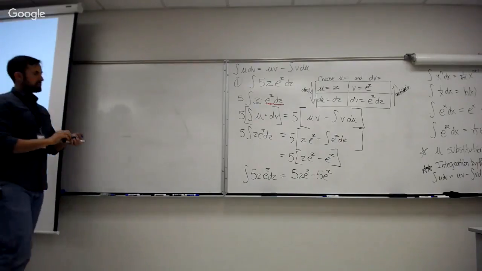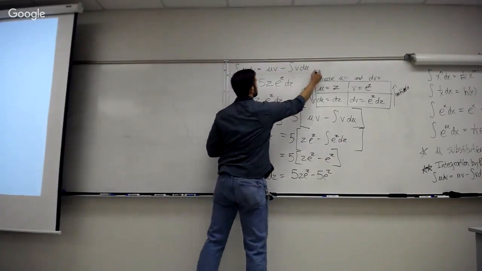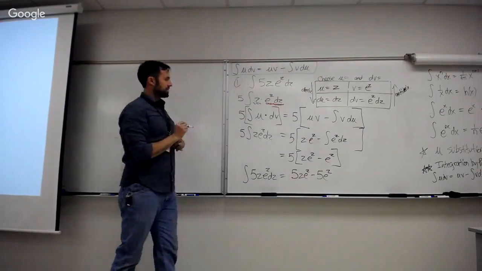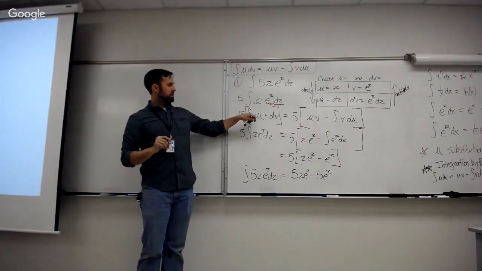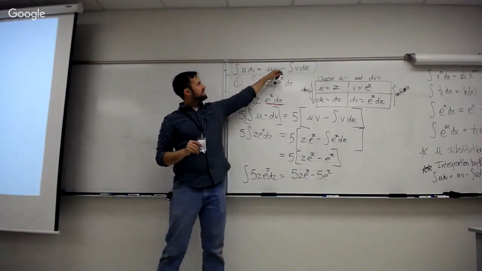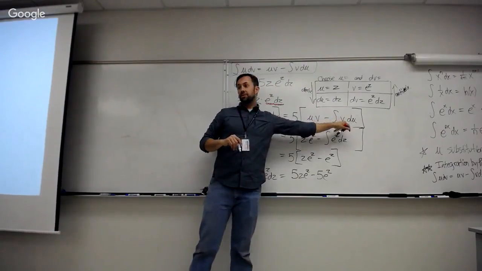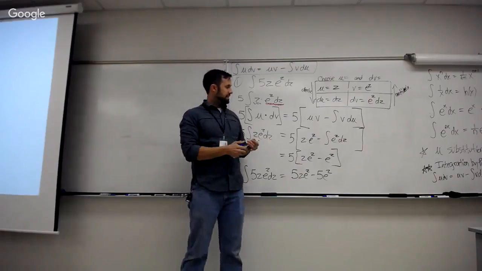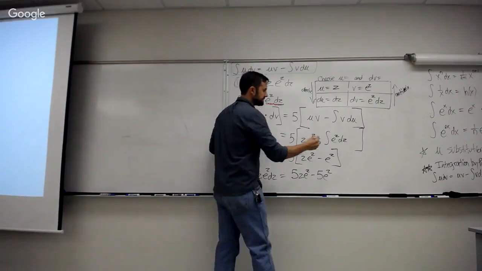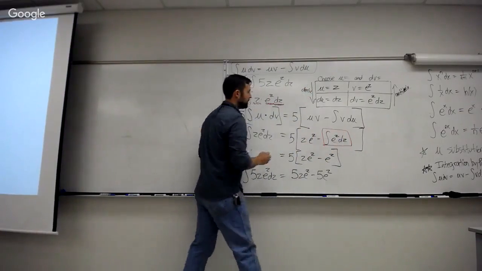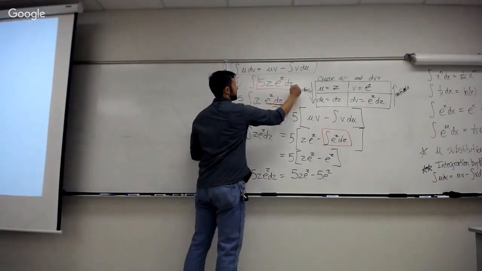But the key was that we had this formula, the integration by parts formula, that allowed us to write our original integral as the difference between a non-integral and a simpler integral. Would you agree that this integral here was easier than the original integral?